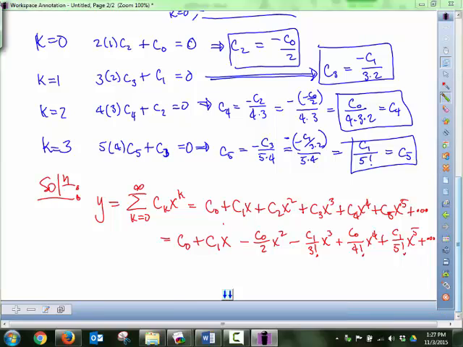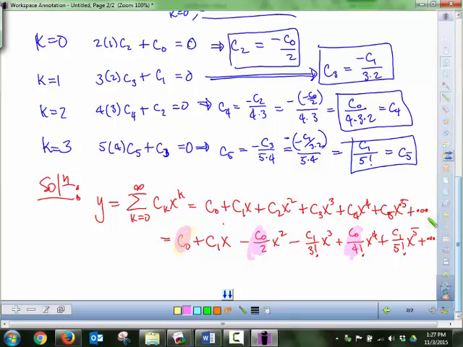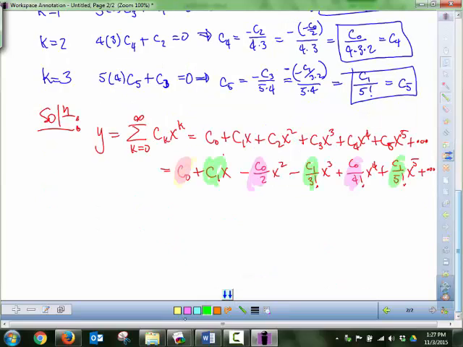Now, clearly, there's a relationship here. We have the c sub 0s going on, the c sub 1s going on for the odd and even values. So maybe it would be good to separate these into two sums.